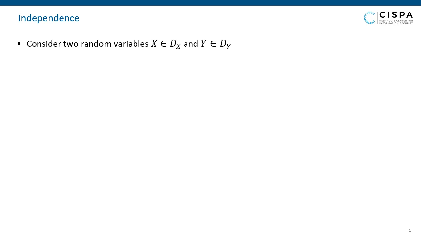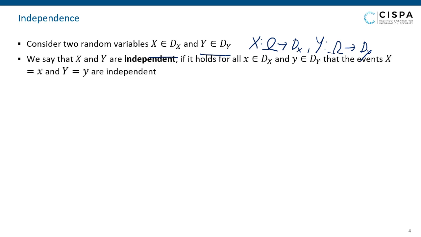Let's consider two random variables, X and Y, where we write X element D_X and Y element D_Y to indicate that X maps from Omega to this set D_X, and Y maps from Omega to D_Y. So basically the outputs or outcomes of X and Y live in these sets D_X and D_Y respectively.